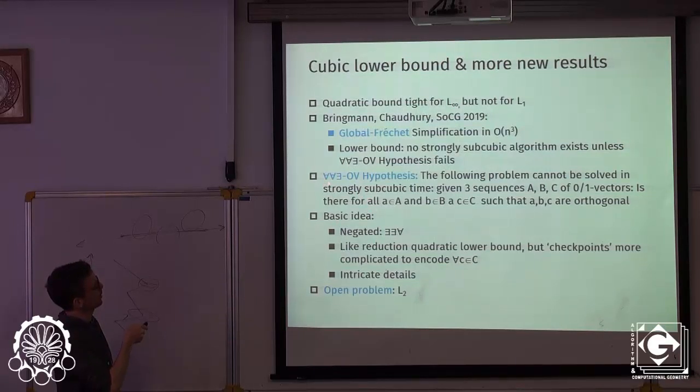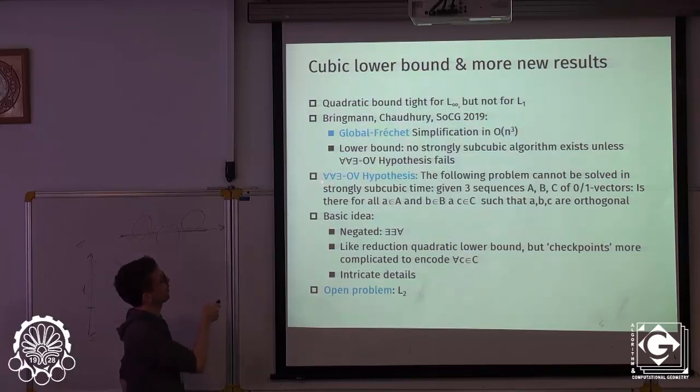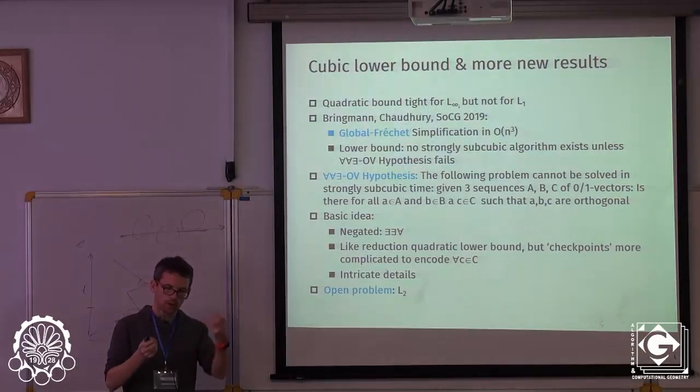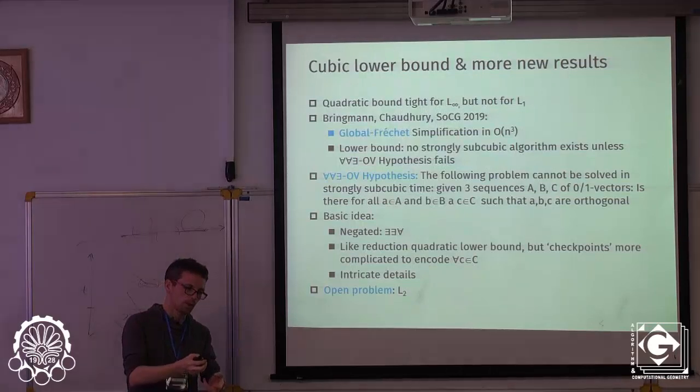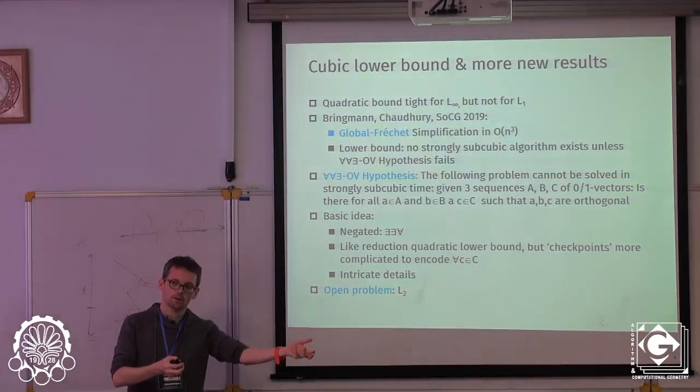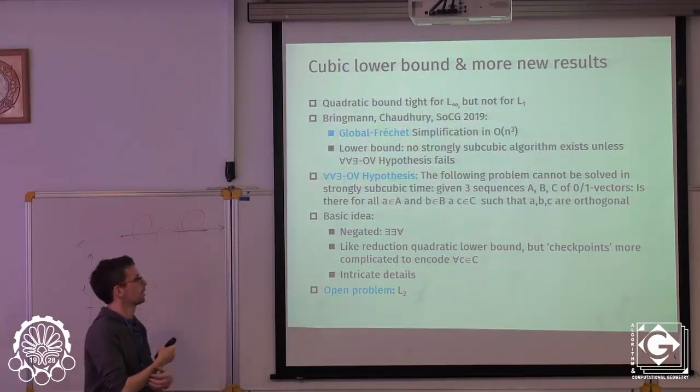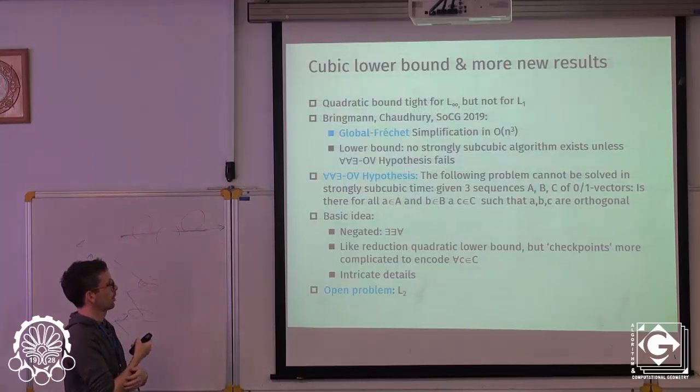And maybe interestingly, here they use not the orthogonal vector problem as such, but something called quantified orthogonal vectors. You have a for all, exists, which means you have 3 groups of vectors, and for every vector in one group and for every vector in the second group, you're asking, is there a vector in the third group such that this triple is orthogonal?